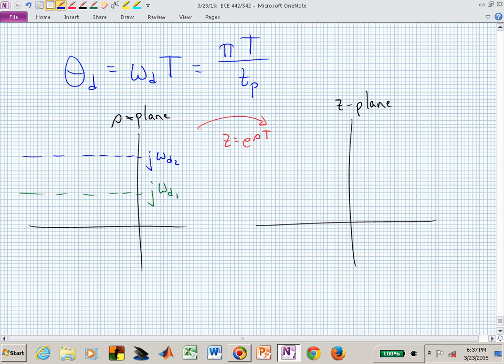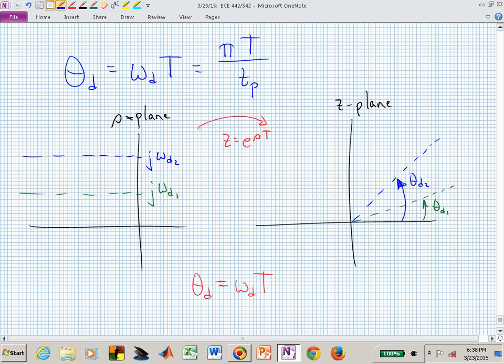Now, what do those two lines translate into in the z-plane? We now know that theta sub d is omega sub d T. And theta sub d is just the angle in the z-plane, which says that this might be theta d1, and this might be theta sub d2.